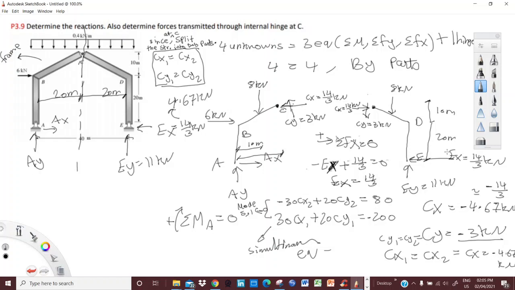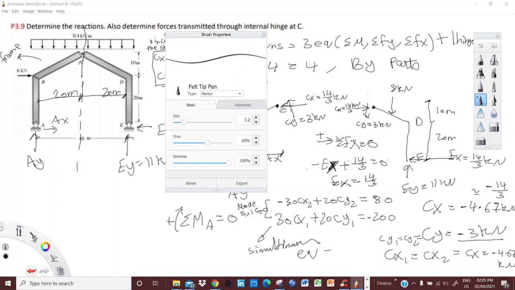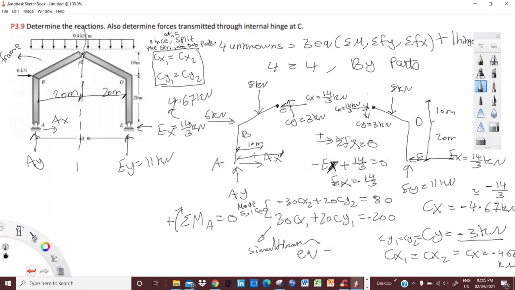Then we finish with this part. Then we need to find the summation of Fy.